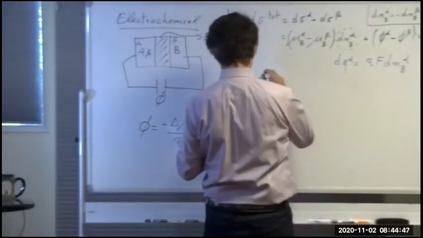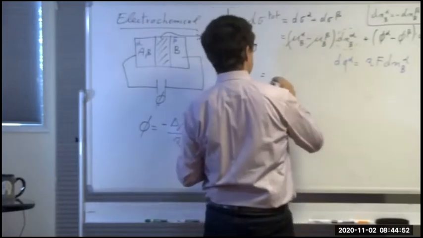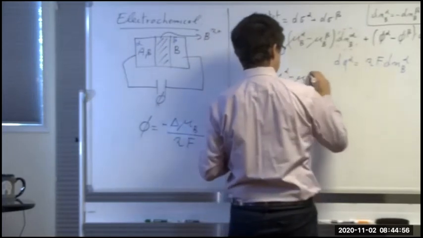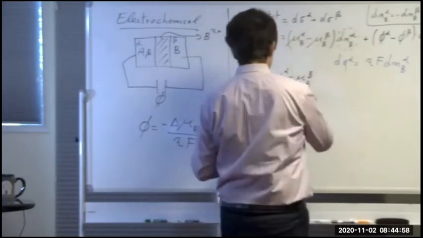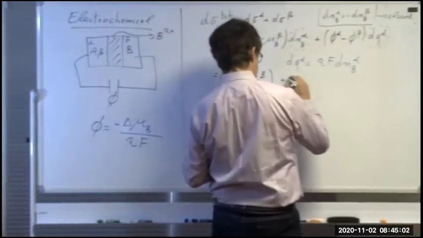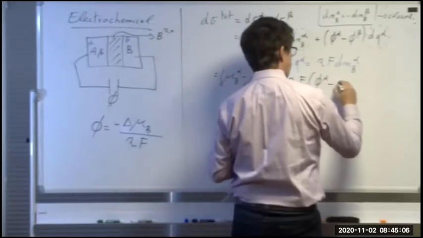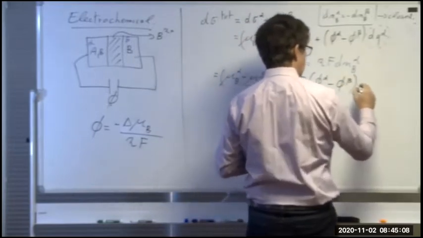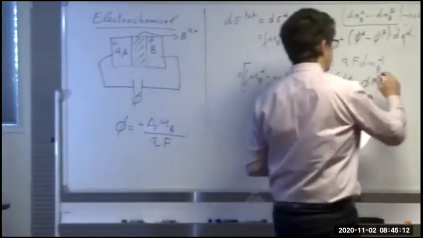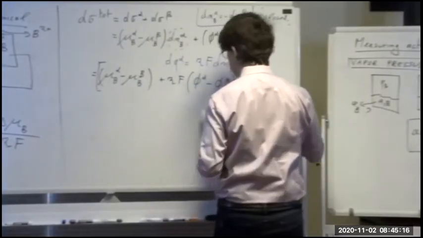So if I now write this completely out, this means that mu B alpha minus mu B beta plus Z times F times phi alpha minus phi beta. And the total is now multiplied with the variation dN B alpha.